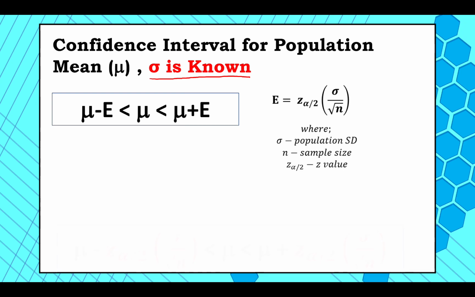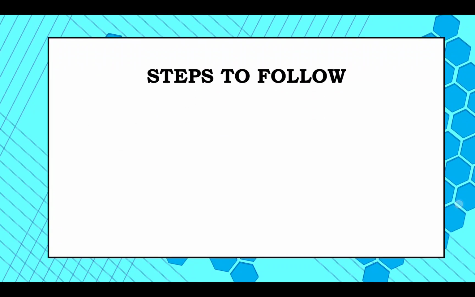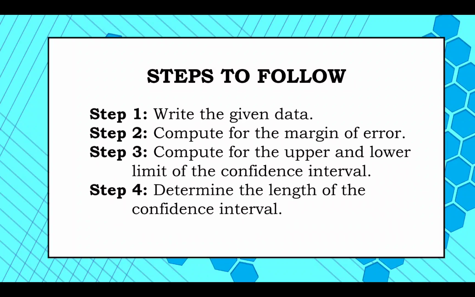So, we'll have this final formula for the confidence interval. But of course, very overwhelming ang formula na to. Sobrang haba. So, we will follow some steps. Number 1, when you are confronted with a word problem, you have to write the given.